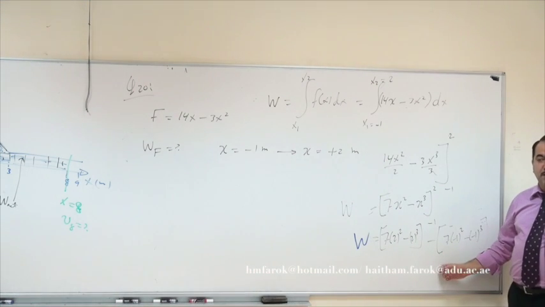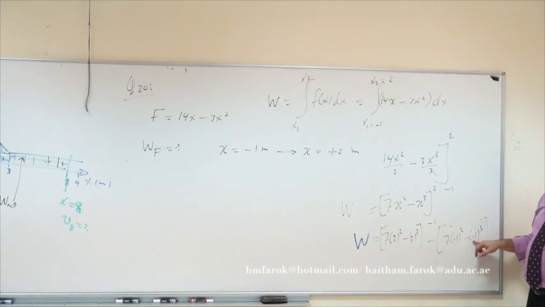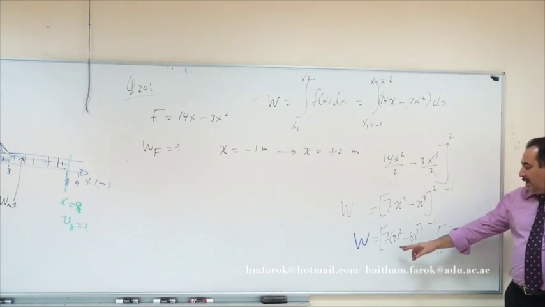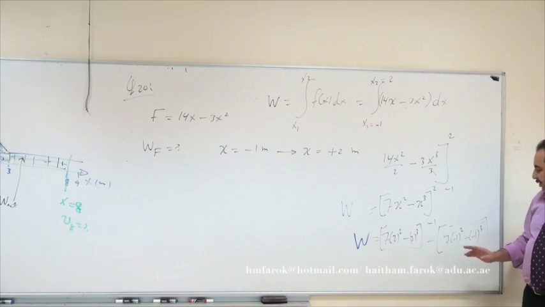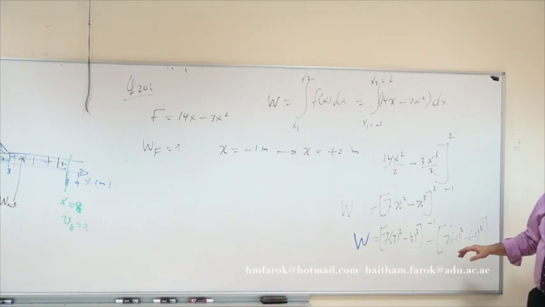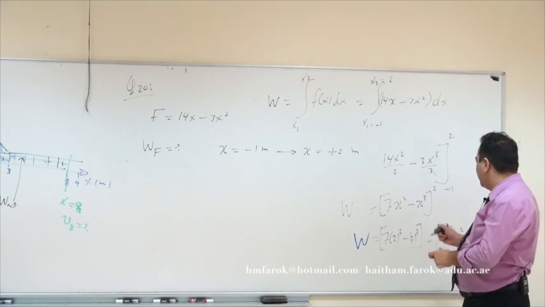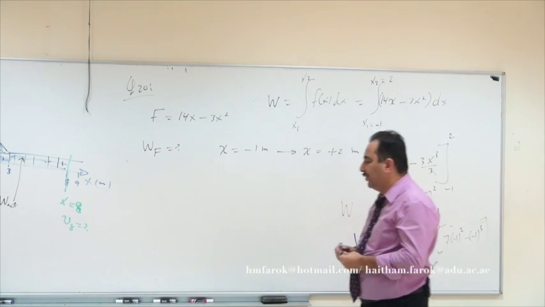Just be careful when you evaluate. Here you have minus 1 cubed, minus 1. Multiply by minus, plus. Here you have minus 1 squared becomes a plus. And then you have a minus outside. So be careful when you substitute the values. Don't get it wrong. I leave it to you to finish the calculation.